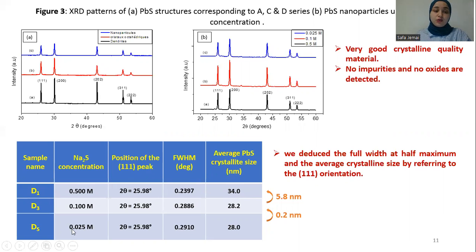And when increasing the concentration of precursors by a factor of 4, from 0.025 molar to 0.1 molar, the average PbS crystalline size increased by just 0.2 nanometer. Here one can conclude that by just acting on the concentration of precursor, we can tune the average PbS crystalline size.